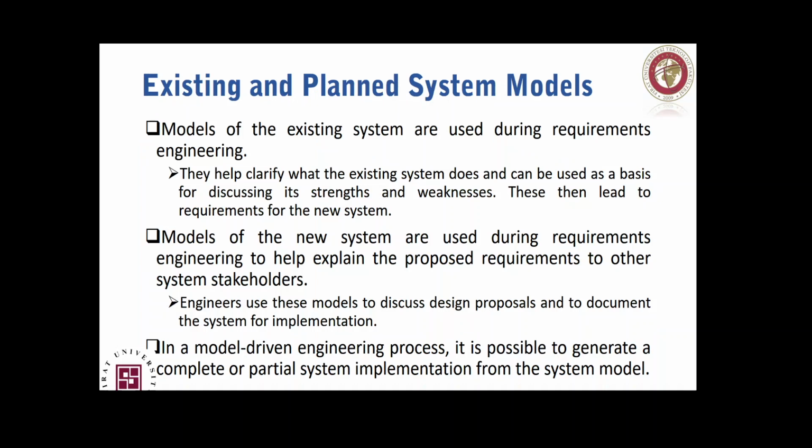What kind of models do we create while developing software? We usually have two main types of models. The first is the modeling of existing systems. We usually do this specifically for requirements engineering, either to explain or to clarify, or to show in a more illustrative way, how existing systems do things.